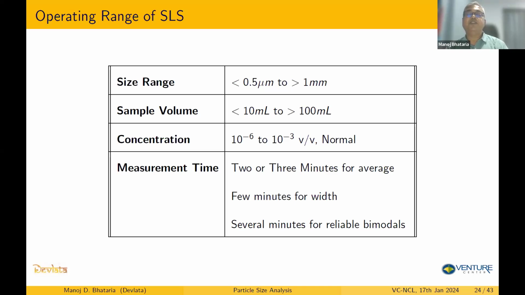It depends on whether you can keep the particles in suspension, because higher size particles are difficult to keep in suspension. That is a challenge because you have the sample agitator and the flow cell. You need to keep all the particles in suspension. If bigger particles sediment or settle down in the sample agitator, then they will not appear in front of the detector.